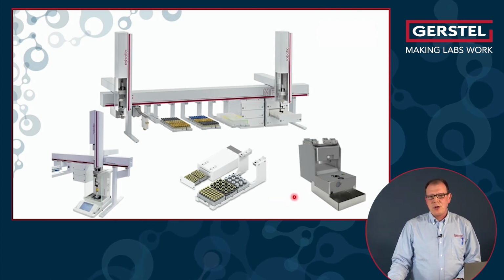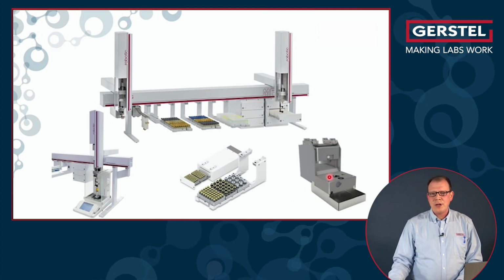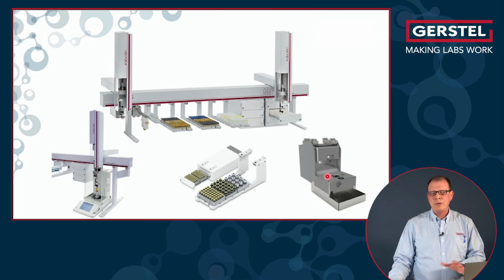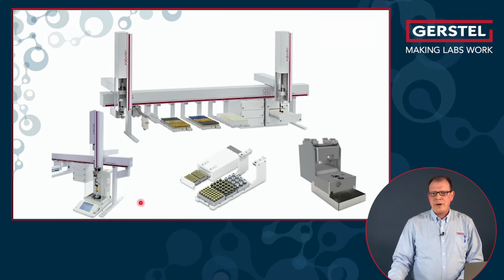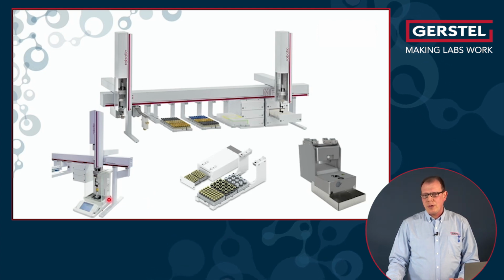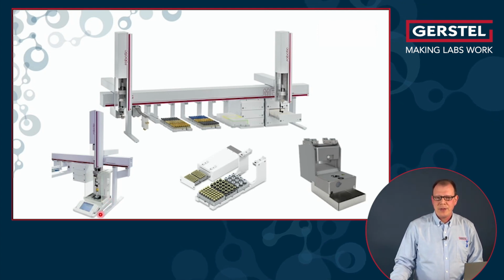In case you want to store your standards later, you can use a capper decapper, which can remove the cap from a screw cap vial. Also very helpful is a balance, which can control and also document the liquid addition steps.